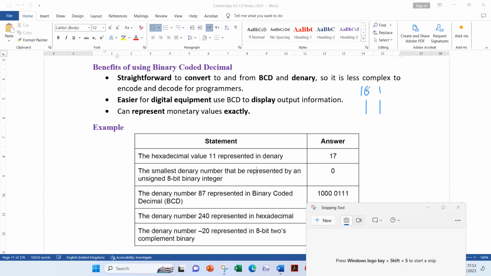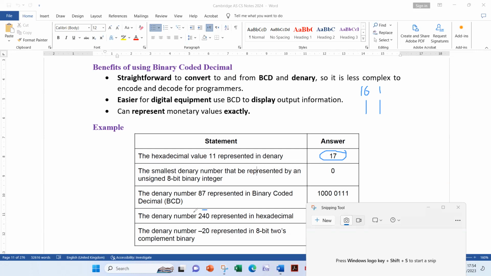Remember the old days when you used to convert hexadecimal into denary, you put weights 1, 16, 256. Here you don't have 256. You multiply and add. So 1 multiplied by 1 plus 1 multiplied by 16. So 16 plus 1, and this is 17. So easy.